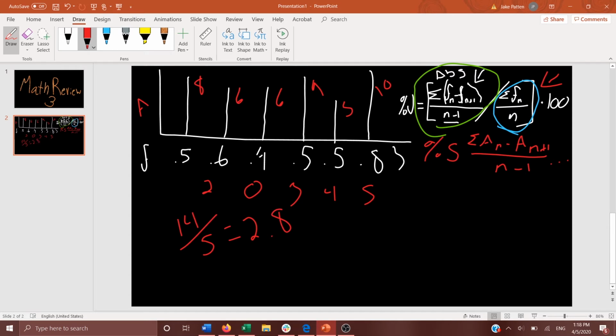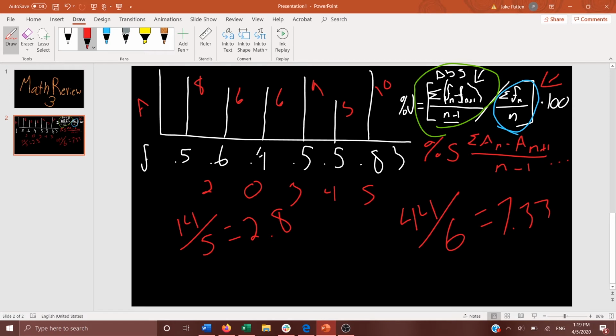And now the next thing we need to do is find the average of the actual amplitudes. So 8 plus 6 plus 6 plus 9 plus 5 plus 10 is 44. This time over n because there are 6 of them, and that gives us 7.33.